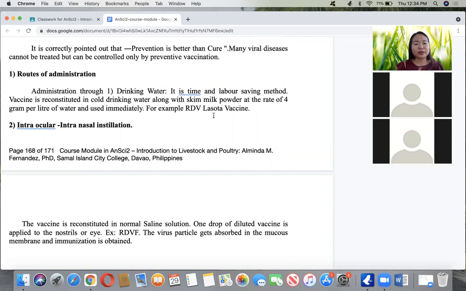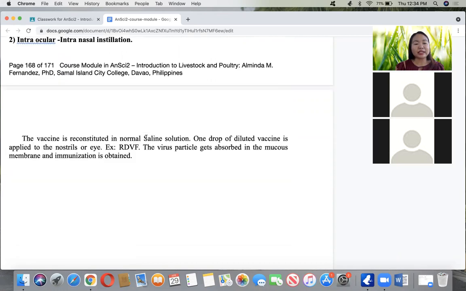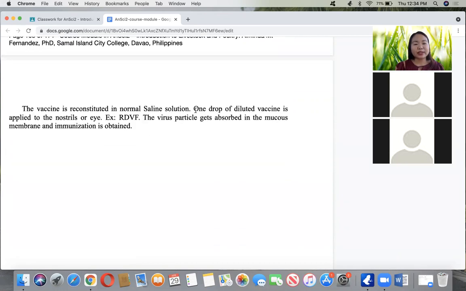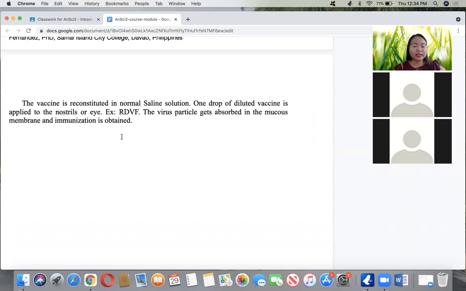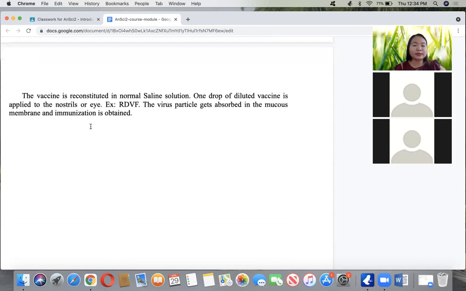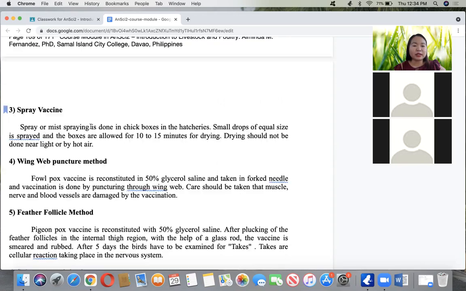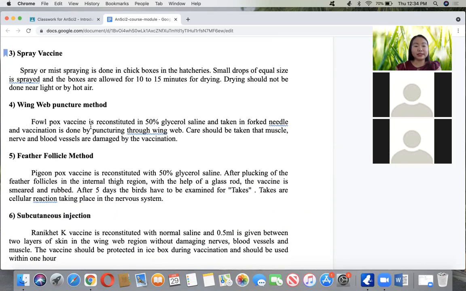And it's for the RDV Lasota vaccine. Or pwede ring intraocular intranasal instillation. It's usually in normal saline solution or salt solution using 1 drop of diluted vaccine to the nostrils or eyes, like the RDVF. And then these are absorbed in the mucous membrane and immunization is okay.